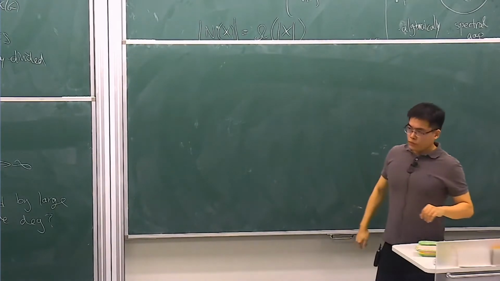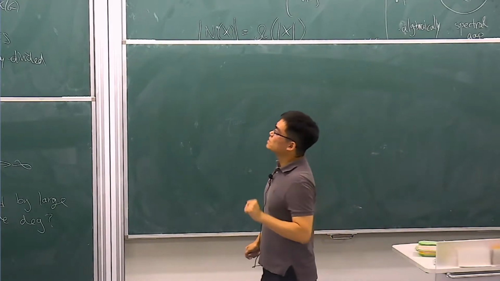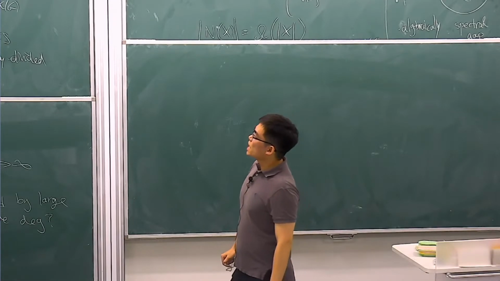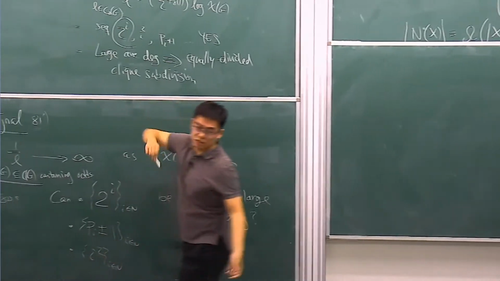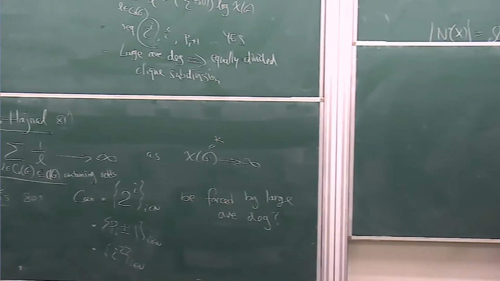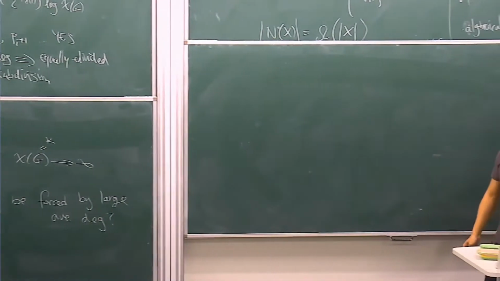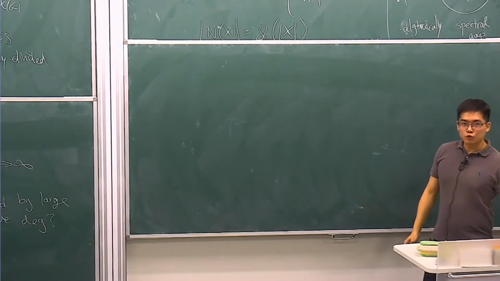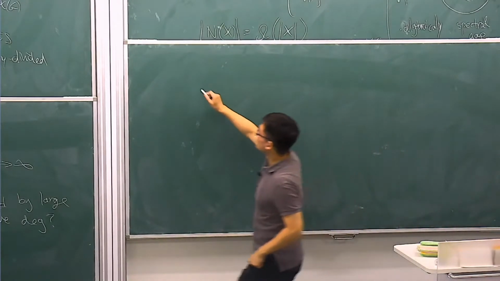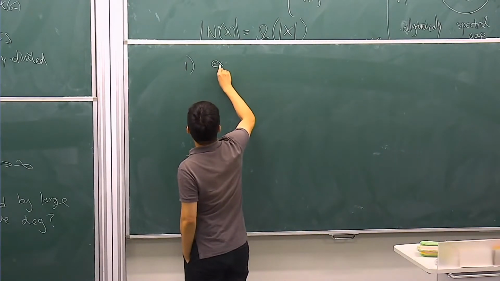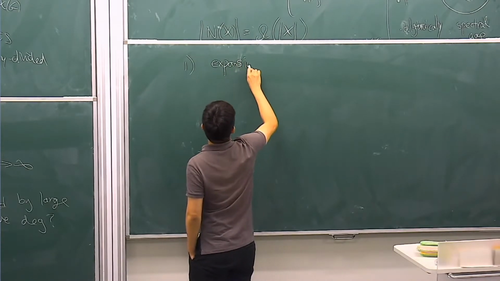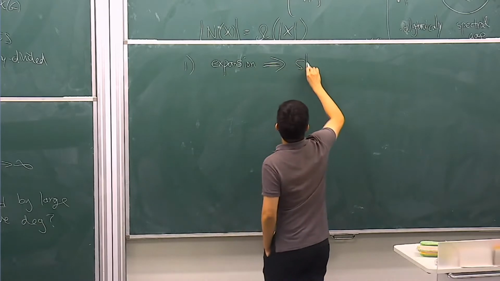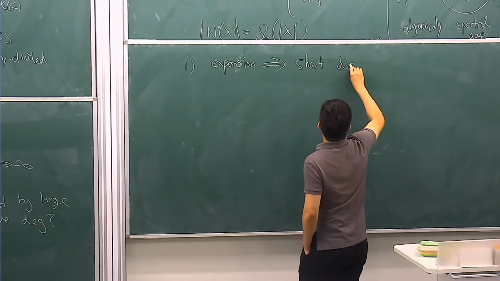So the idea, maybe let me just tell you how you get some specific sequence. Let's just pick one and see how we do that. So here's the idea. First of all, how do we use the expansion property? One, expansion implies short diameter.